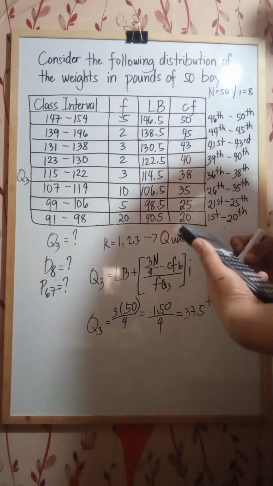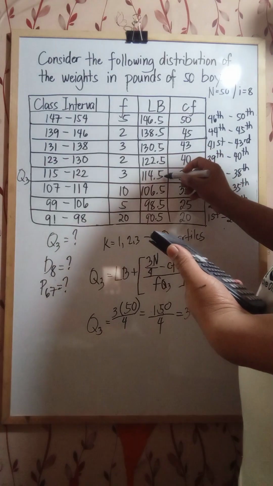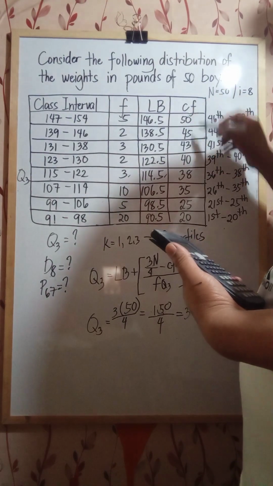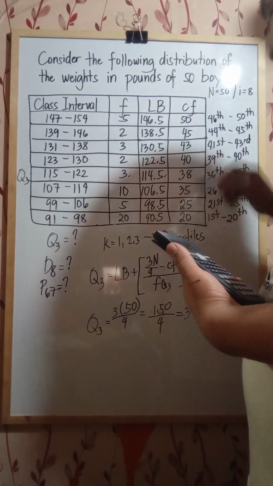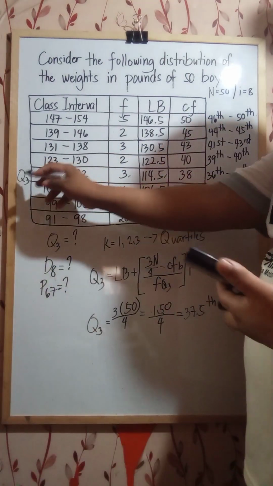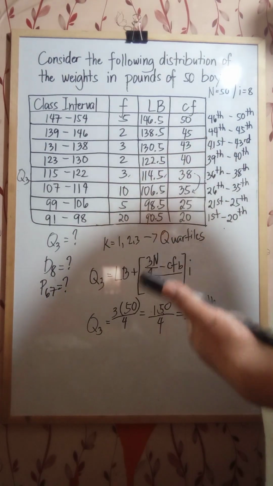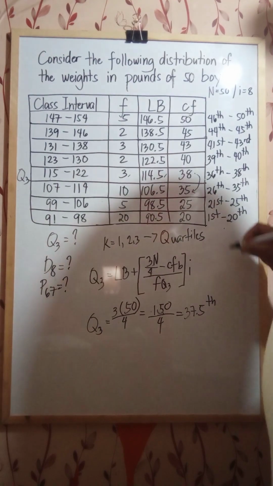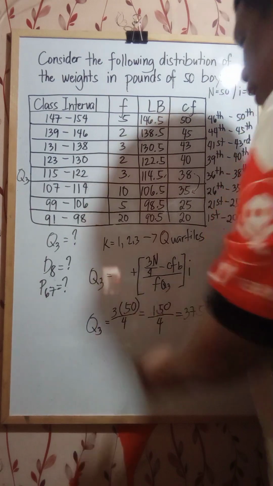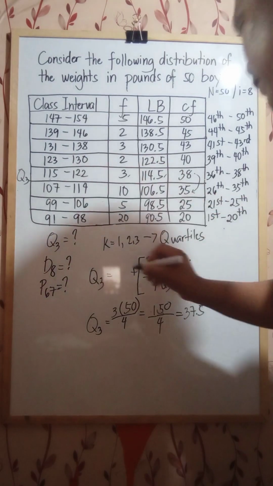It is understood that your lower boundary is this 114.5, your frequency is 3, and the cumulative frequency is 38. But, as based on the formula, the cumulative frequency before this class is 35. So your lower boundary is this 114.5. Let's change this one to 114.5.